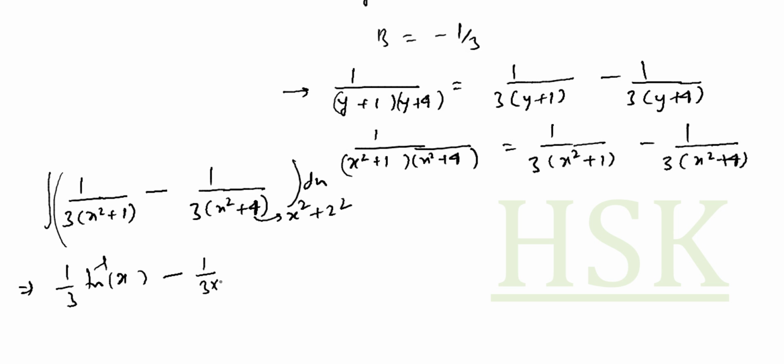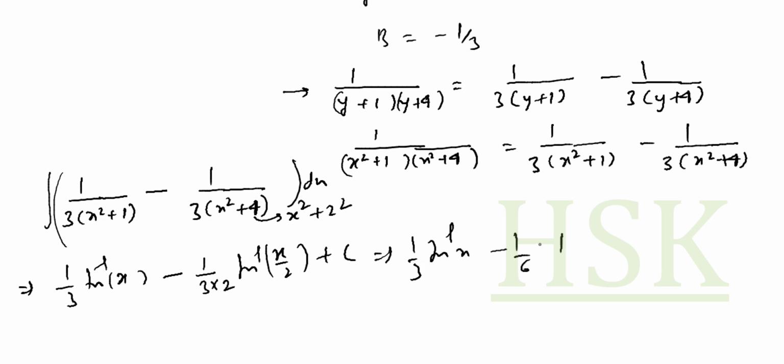This will be equal to 1 upon 3 into 2 into tan inverse of x upon 2 plus c. So our final answer would be 1 upon 3 tan inverse of x minus 1 upon 6 tan inverse of x upon 2 plus c, which is our required answer.